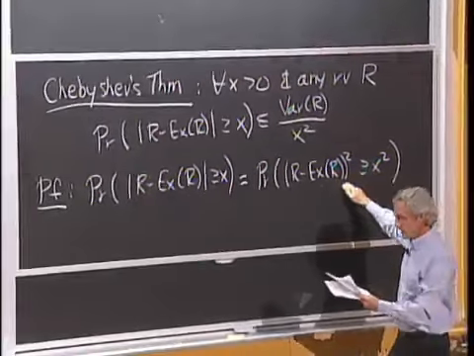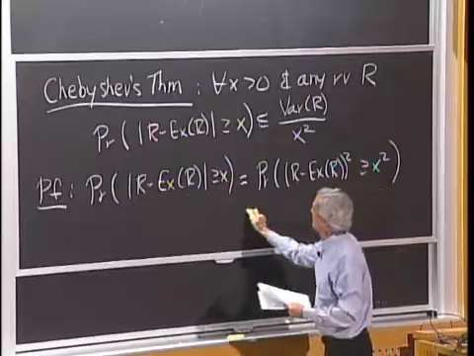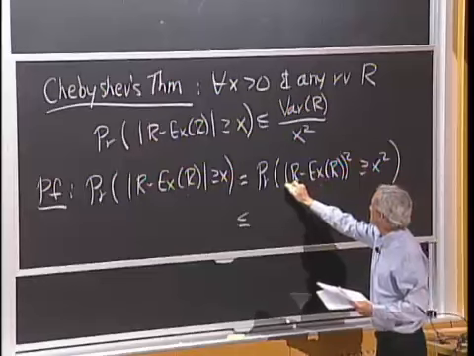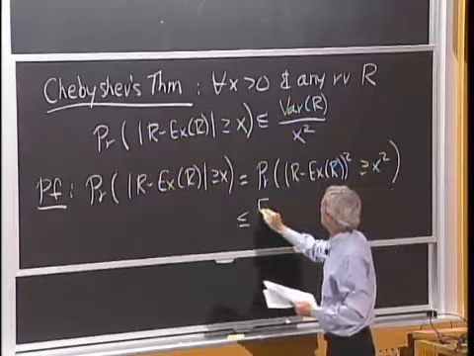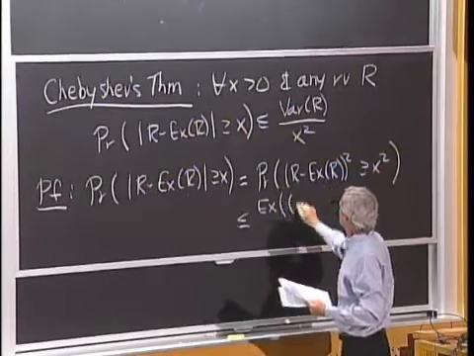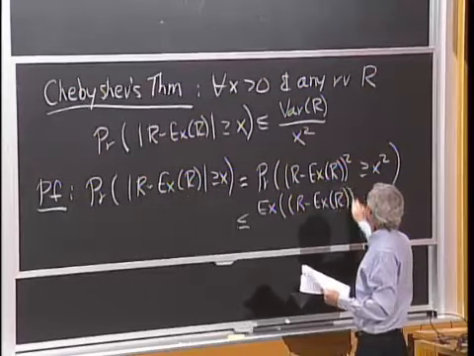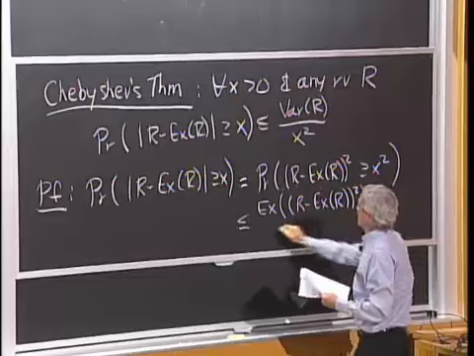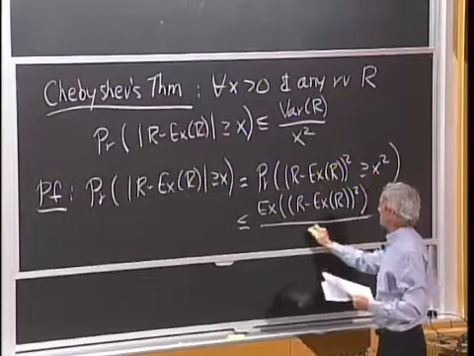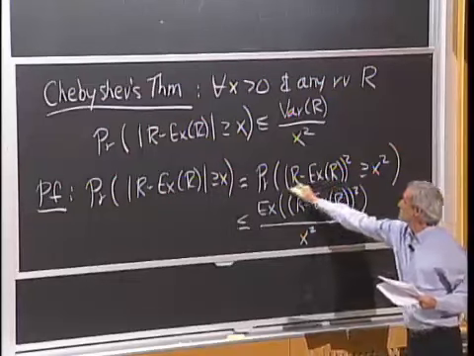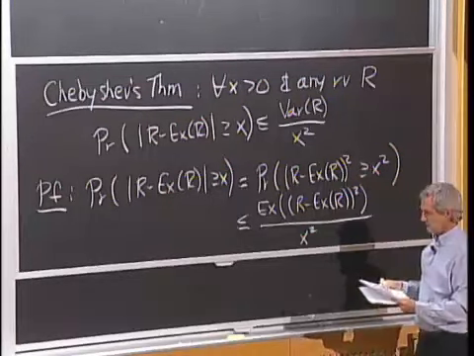So by Markov's theorem, this probability is at most the expected value of that divided by x squared, as long as it's always non-negative.